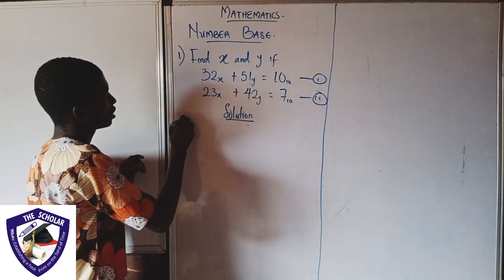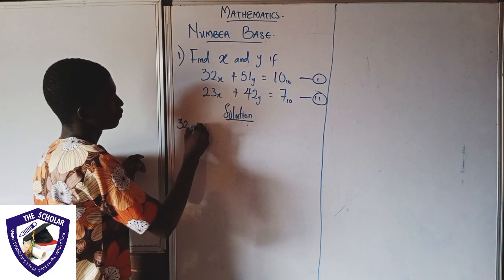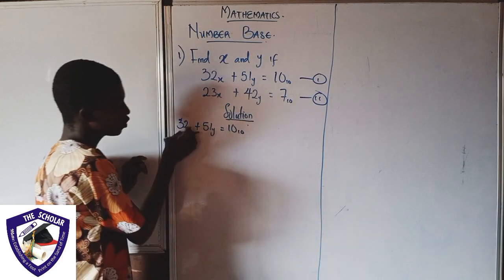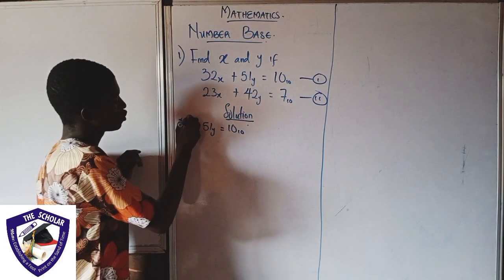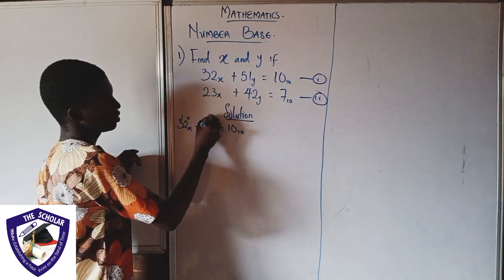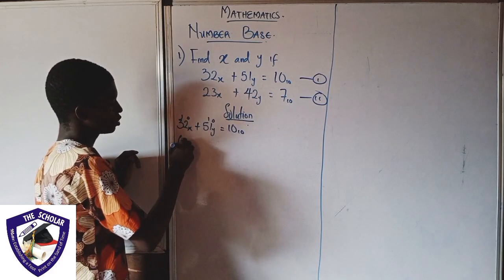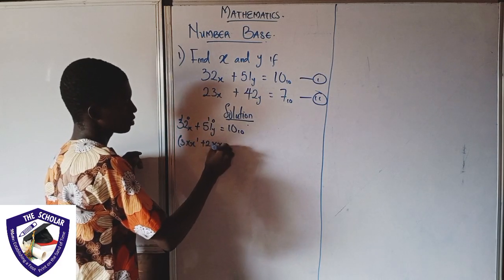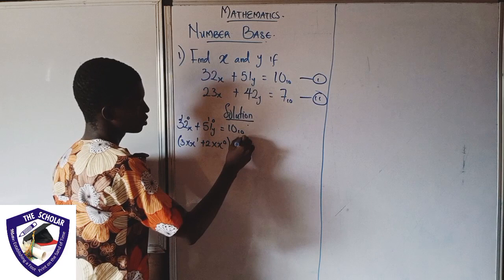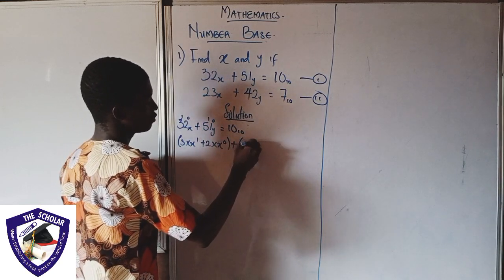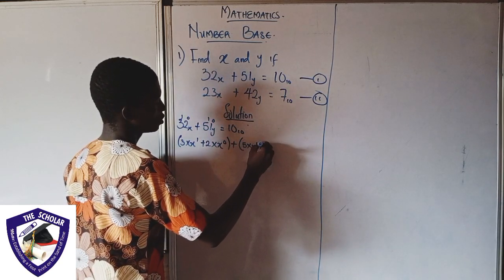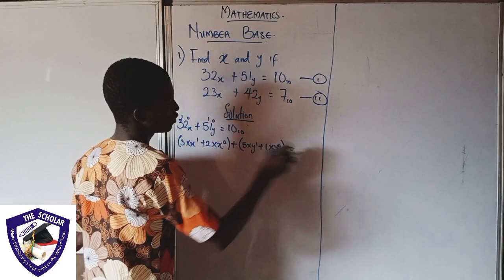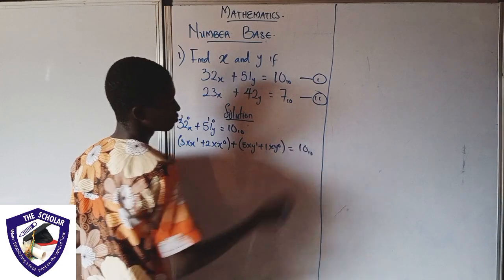So we take equation 1, which is 32 base x plus 51 base y equals 10 base 10. Convert 32 to base 10. So you have your 0, 1, likewise here 0, 1. So we have 3 times x raised to power 1 plus 2 times x raised to power 0 plus, you also convert this to base 10, 5 times y raised to power 1 plus 1 times y raised to power 0 equivalent to 10 base 10.